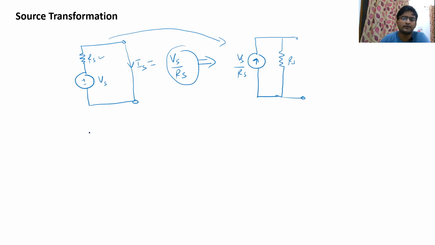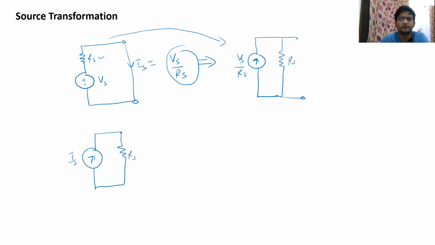Similarly, vice versa, if we have a current source whose value is Is and a resistance Rs in parallel, and we want to convert it into a voltage source, we calculate the open circuit voltage across this current source, which I will call Vs. What will be the value of Vs? Since this is open circuit, this whole current will be going into this loop.